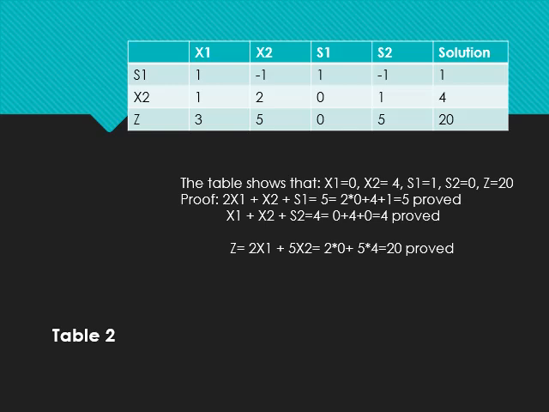So the last station: this is the last table. It consists of two basic variables, S1, X2 and Z. The upper row has X1, X2, S1, S2 and solution.